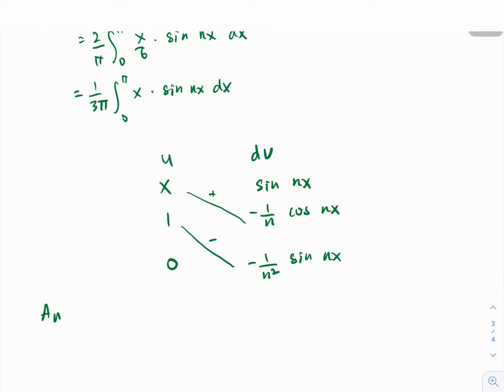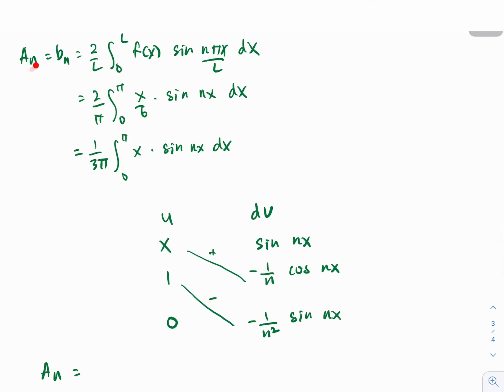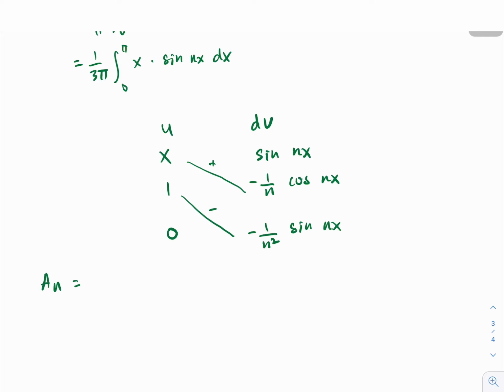So therefore a_n, we are looking for a_n here. So a_n is equal to negative x over n cos nx plus 1 over n squared sin nx from 0 until pi.